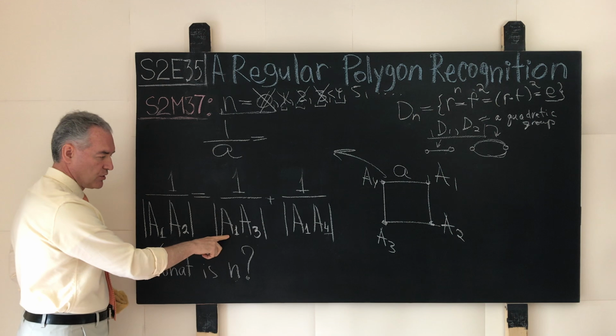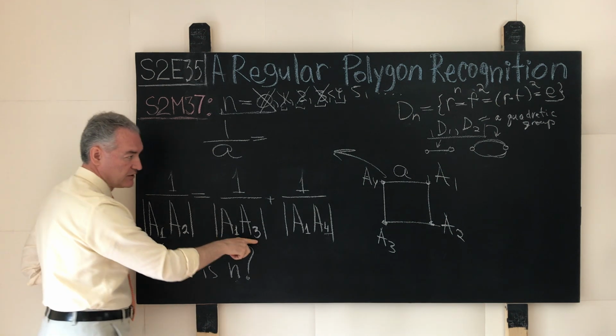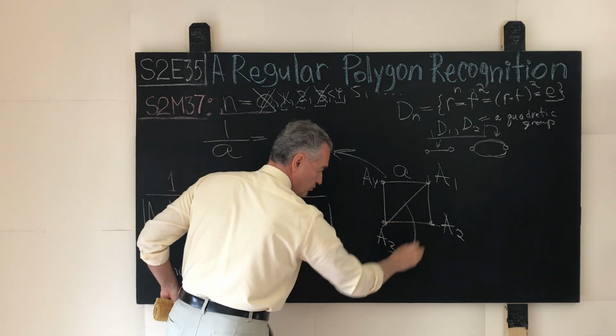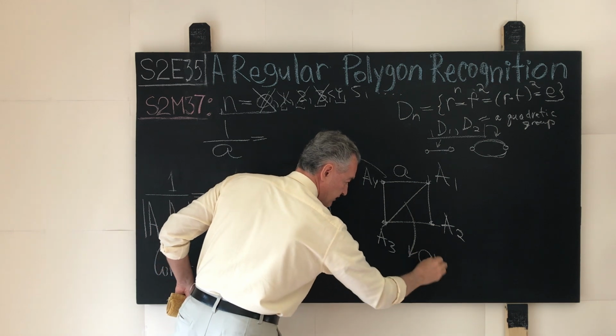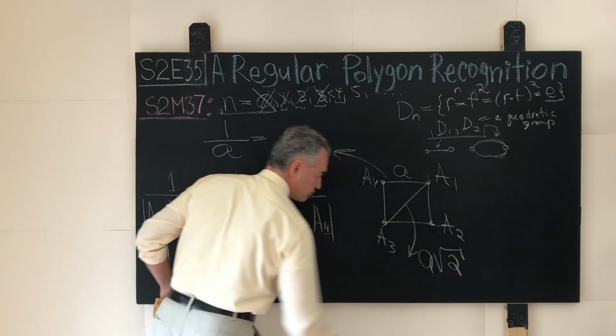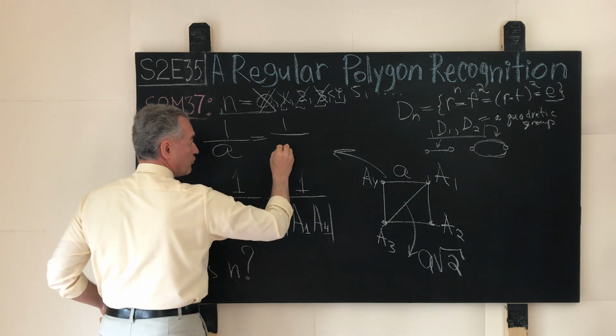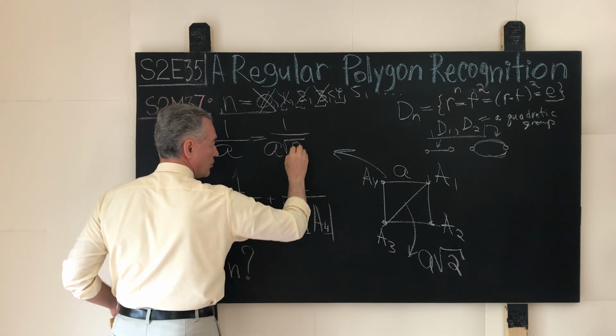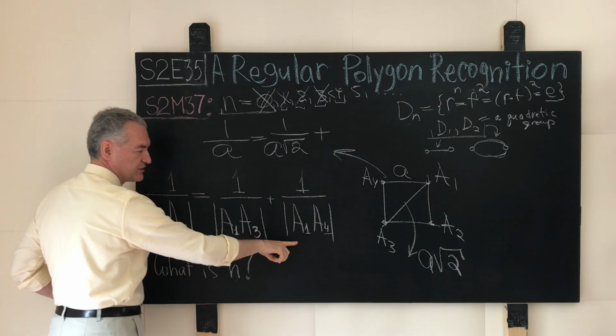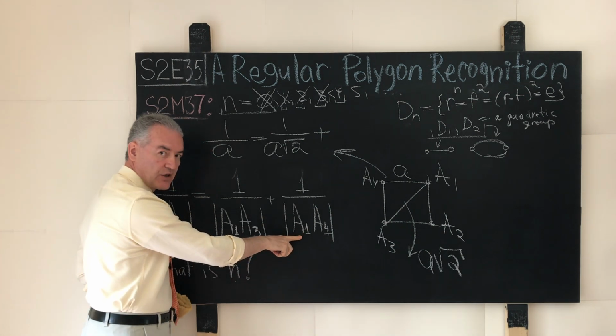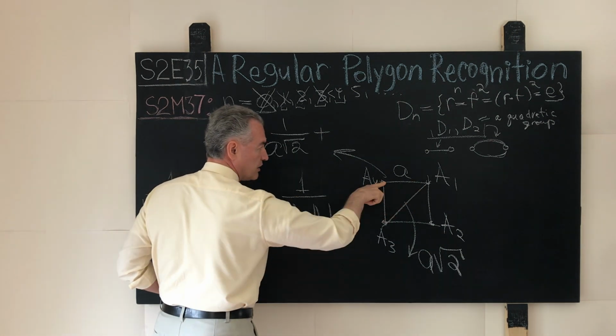That must be equal to what? The distance between the vertices A1 and A3, it is this guy. And what is this? This is the side scaled by the square root of 2. So 1 over a square root of 2, plus what is this? The distance between the vertices A1 and A4.